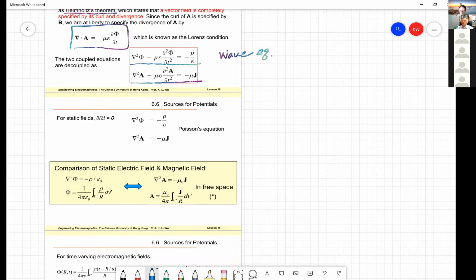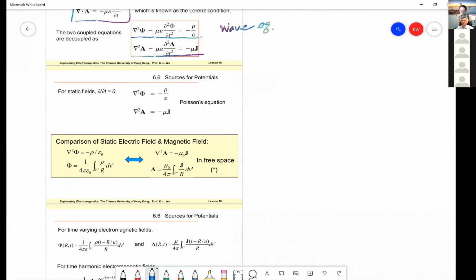Now, the special case, right? If it doesn't change with time, we already mentioned this equation, and also it's clear, you see, that the vector potential A is only dependent on the current J. We also discussed this. We learned this in static electric field and magnetic field.